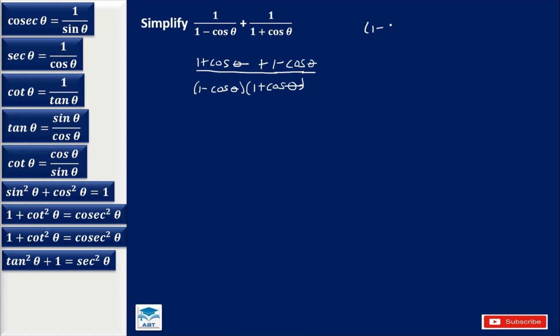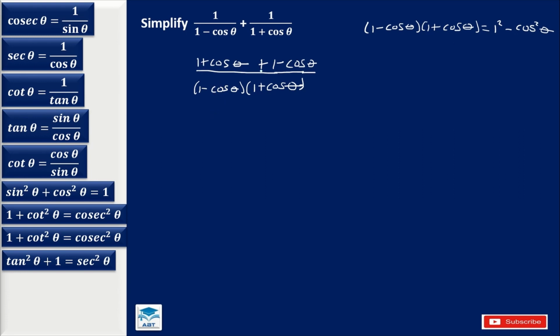So it is 1 squared minus cos theta squared. That is cos square theta.